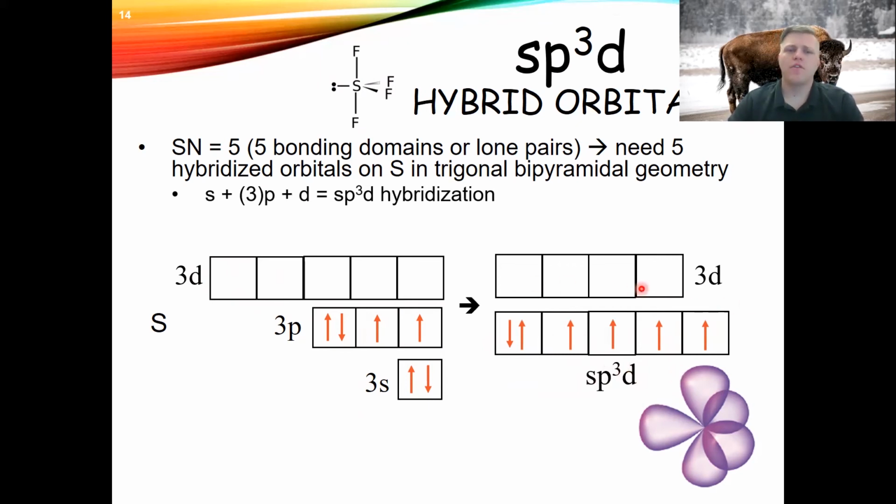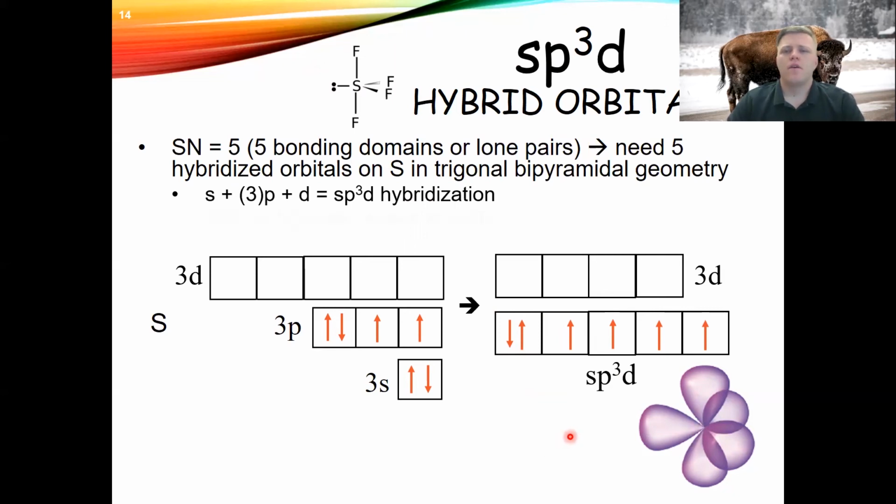And then we'll be left over with only 4 d orbitals besides that. You'll also notice in the electron configuration we've got our paired electrons, which we can see on the back of this sulfur here. So it all kind of works out, and it gets us this trigonal bipyramidal electronic geometry.